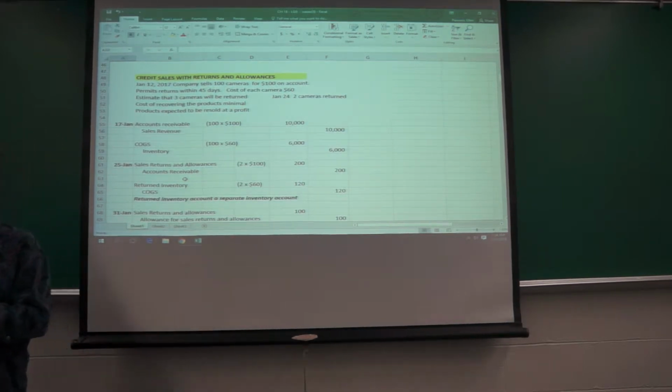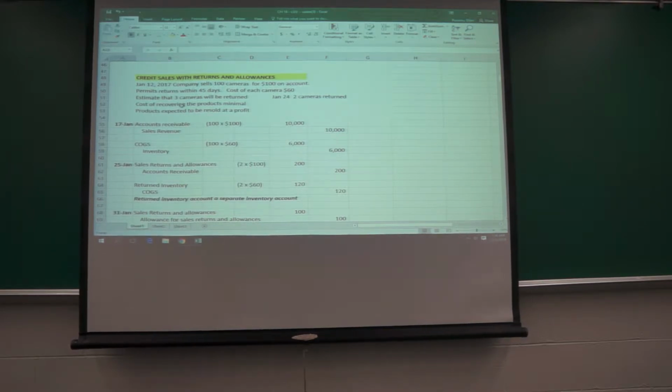Now, at the end of the period though, it says they estimate that 3 cameras altogether are going to be returned. And so at the end of the period, we're going to have to estimate, well, of those we think are going to be returned, how many more are still out there waiting to be returned.